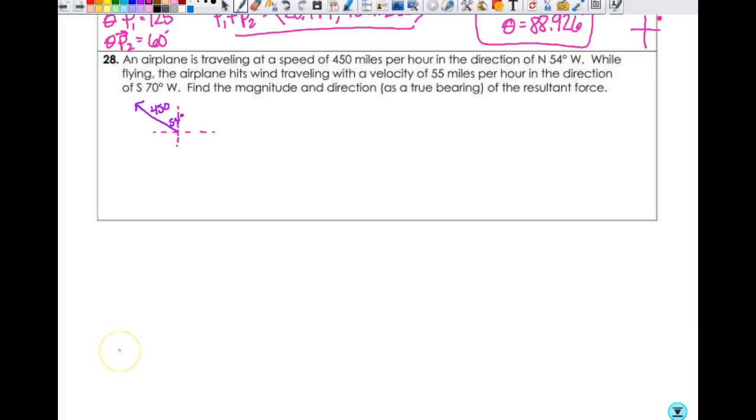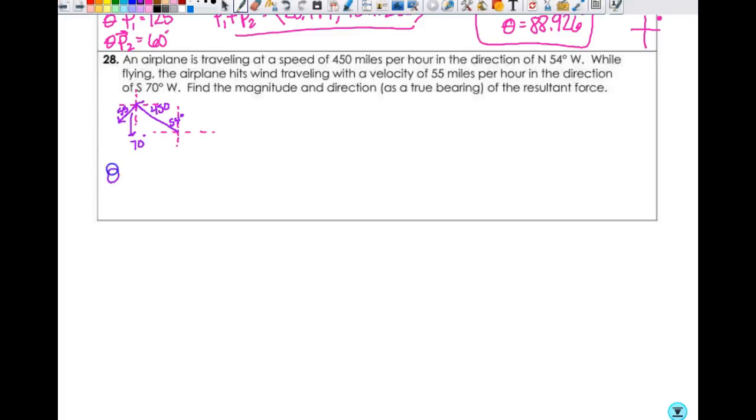And then it hits a wind traveling with a velocity of 55 miles per hour in the direction of south 70 degrees west. So these I'm going to put end to end, and I'm going to go south 70 degrees west. And it's only 55 miles per hour, so it's a lot shorter. So this right here is 70 degrees, and this is 55 miles per hour.